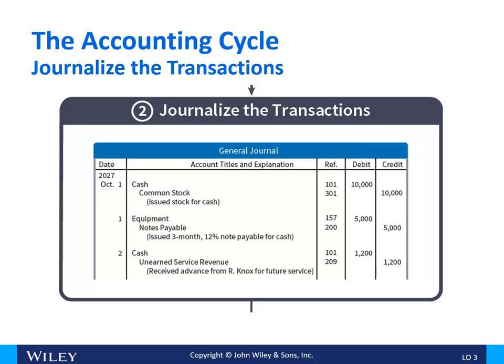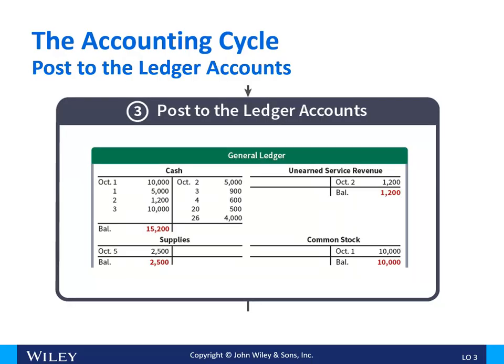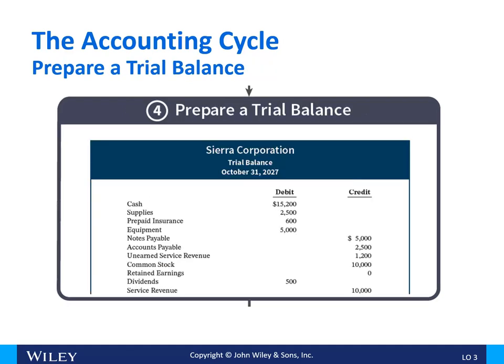Once we've journalized the transactions, we can post them to the ledger, where we copy the data from the journals into the appropriate accounts. That allows us to get a balance for each of those accounts. Once we have the balances at the end of the accounting period, so in the end of the month in this example, we can take those balances and put it into a trial balance.